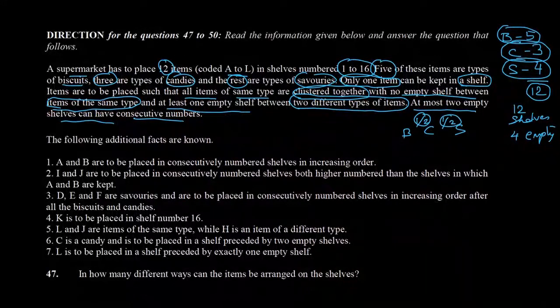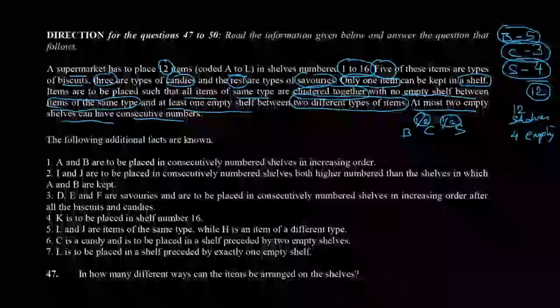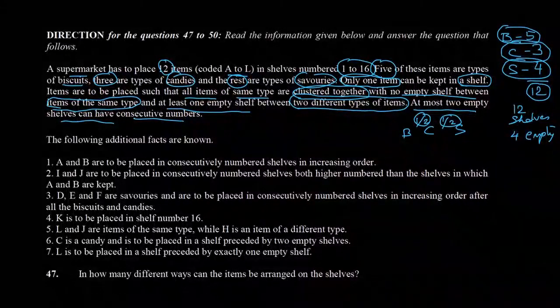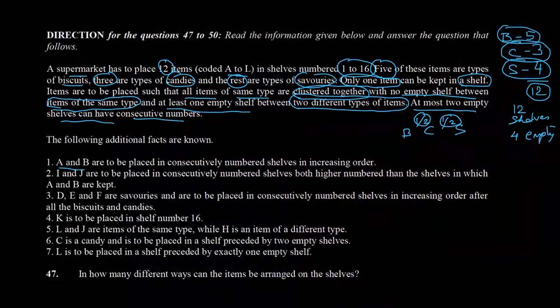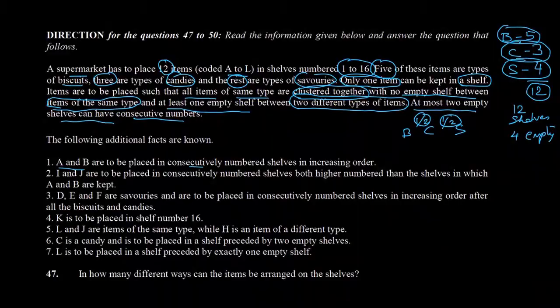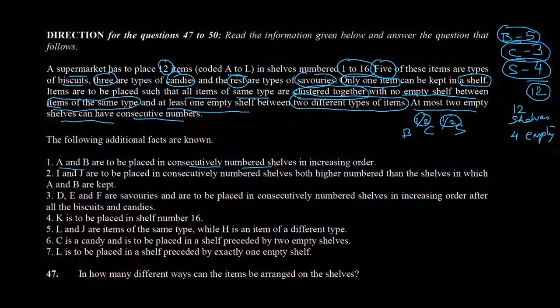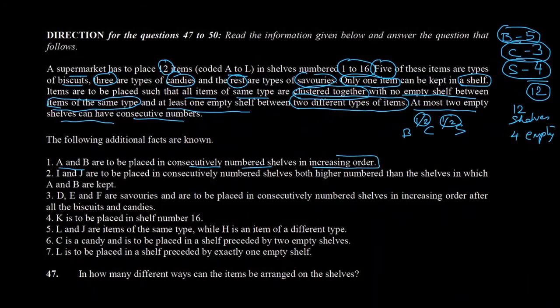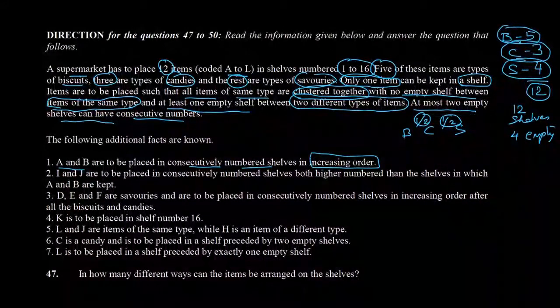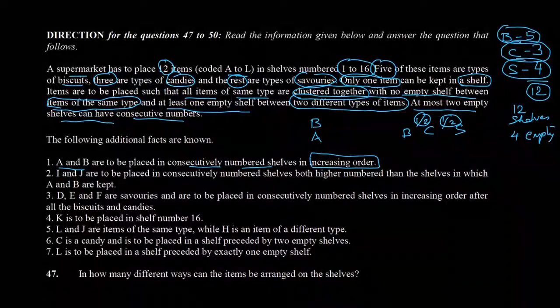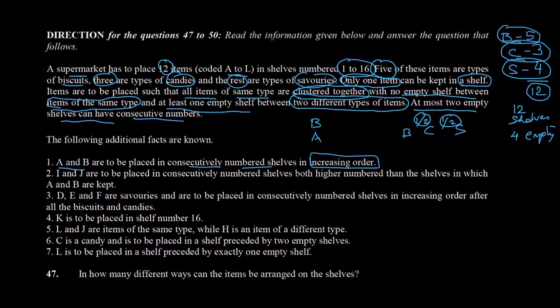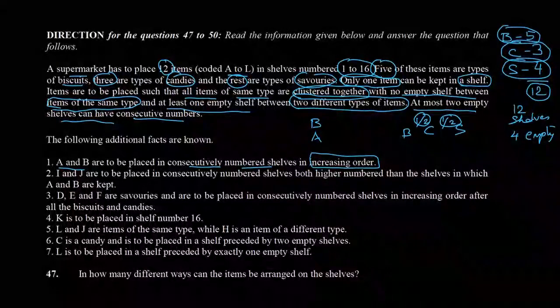So between any 2 types of items, biscuit, savory and candies, we can have 1 or 2 empty shelves, minimum 1, maximum 2. And then there is some additional information given which says A and B are to be placed in consecutively numbered shelves in increasing order. So we will have to place A first and then B. Now let's draw the shelves.